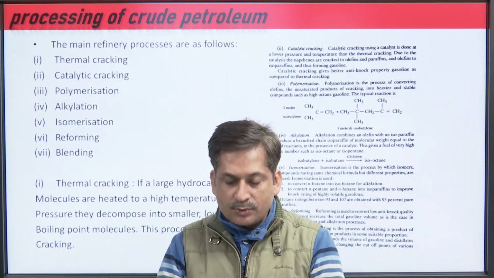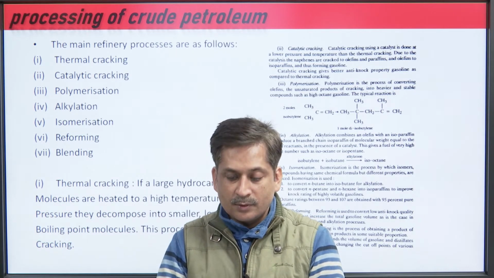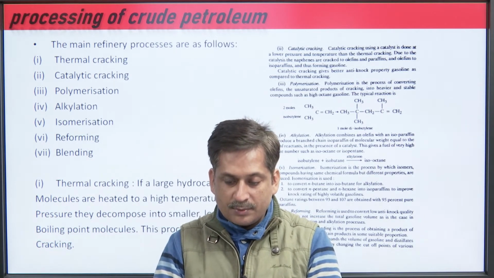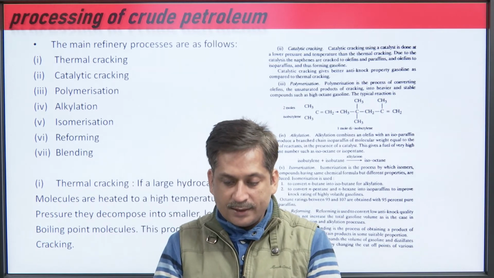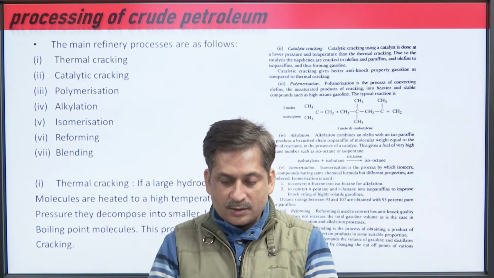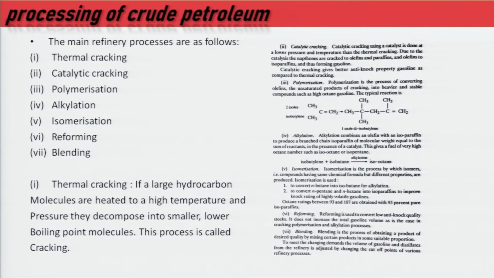The typical reaction you can see from here, with the help of some chemical reaction you are able to find the polymerization process. It also gives you high octane gasoline. So, polymerization is also adopted: thermal cracking, catalytic cracking, then polymerization.